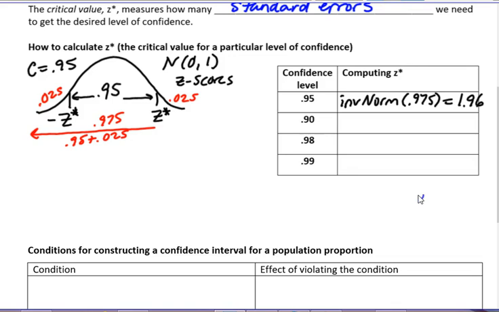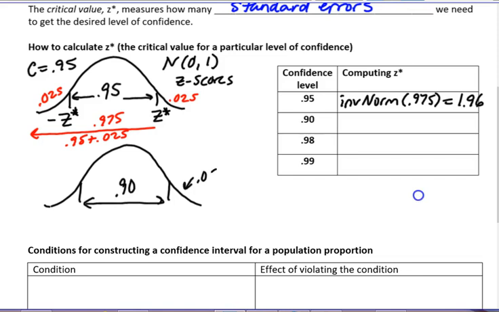Now let's do another one here with a picture. If I want a 90% confidence interval, this would be 90% in here, and this then would be 5%, so 0.05 and 0.05. So the value below my z critical value would be 0.05 plus 0.90, or 0.95.